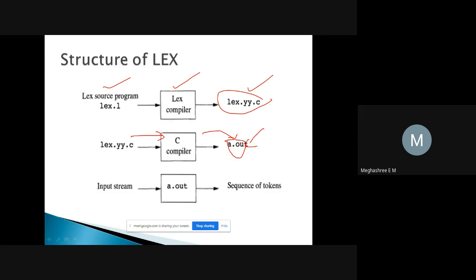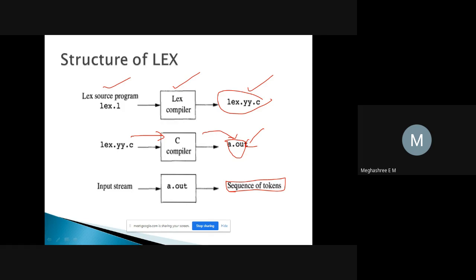Once input is given to this output file, it will generate a sequence of tokens. So this is the structure of Lex, or you can say the tokens are generated when you feed input for the compiler.